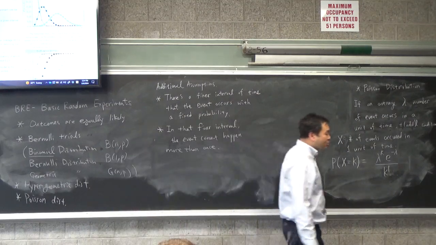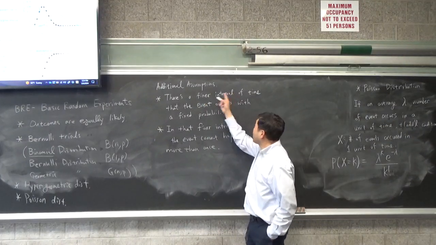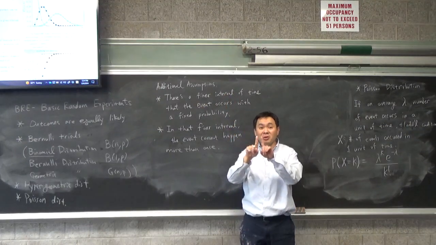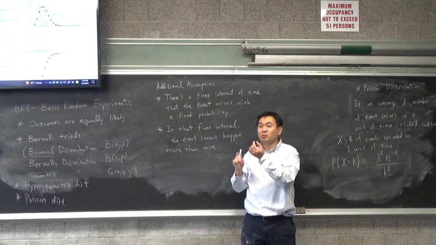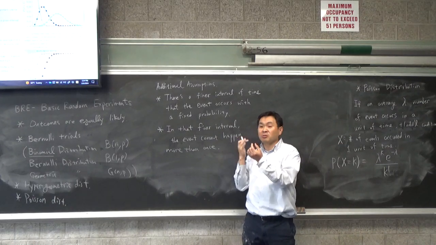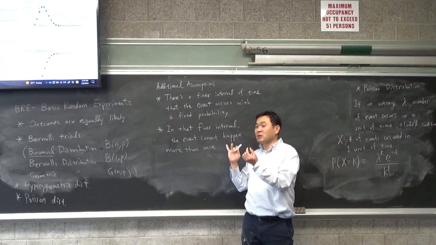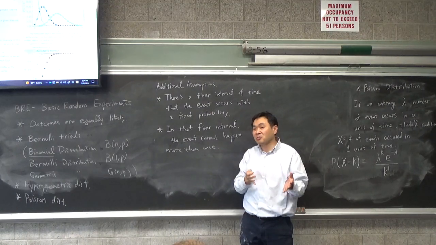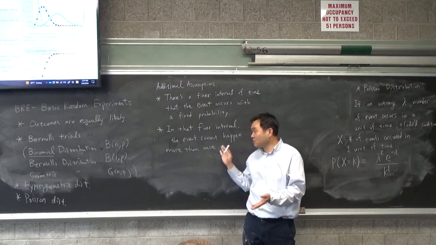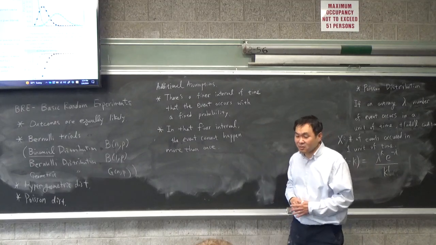And that's a reasonable assumption, because if the finer time interval is very small, then the probability of the event happening twice will be p times p, p squared. If p is like 0.001, then p squared is even smaller. So that's not an unreasonable condition to ask.